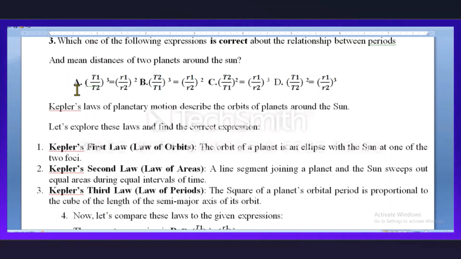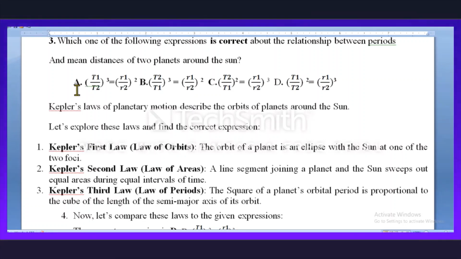Choice B, (T2/T1)^3 equals (R1/R2)^2. Choice C, (T2/T1)^2 equals (R1/R2)^3. Choice D, T1/T2 equals (R1/R2)^3.